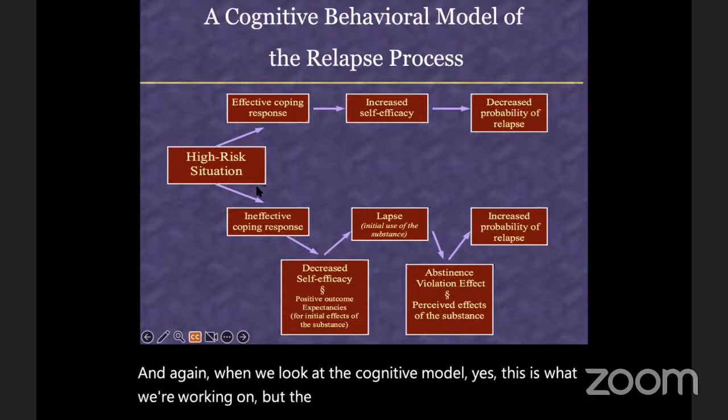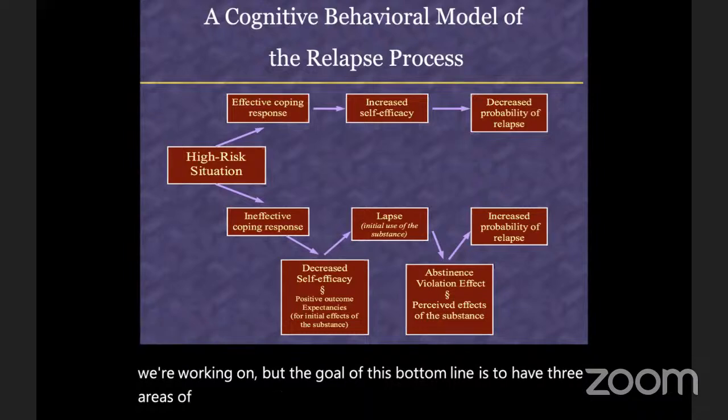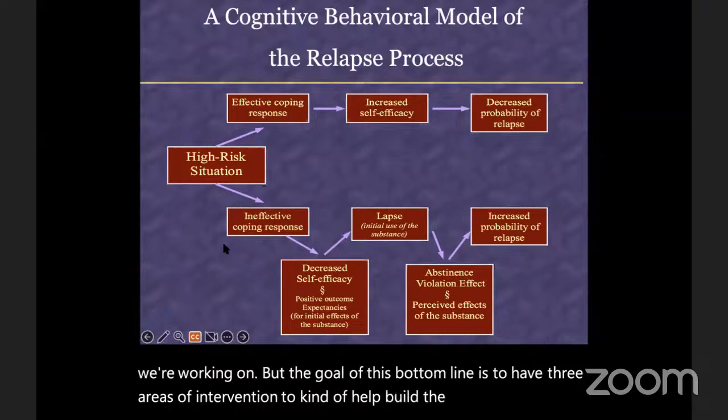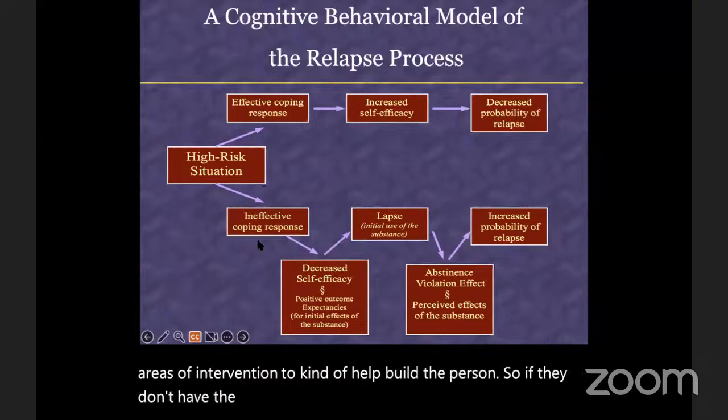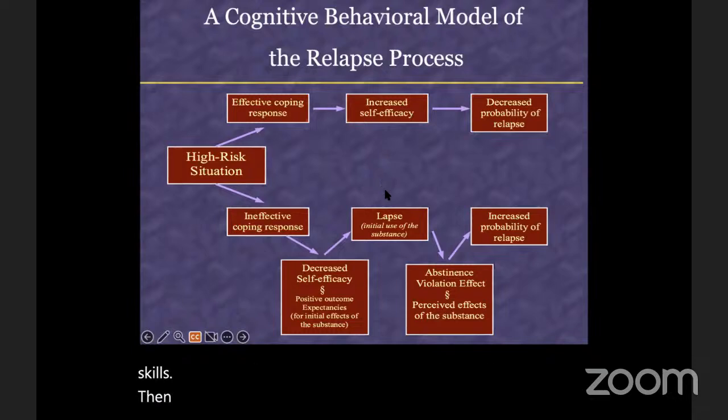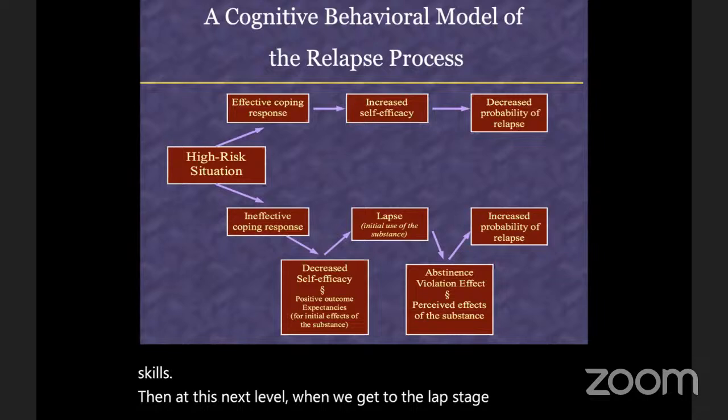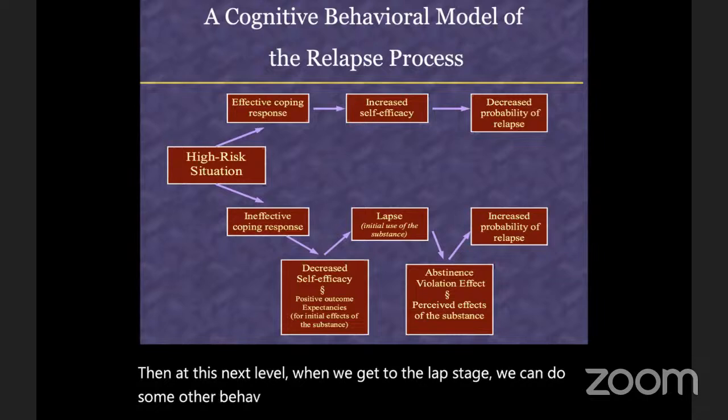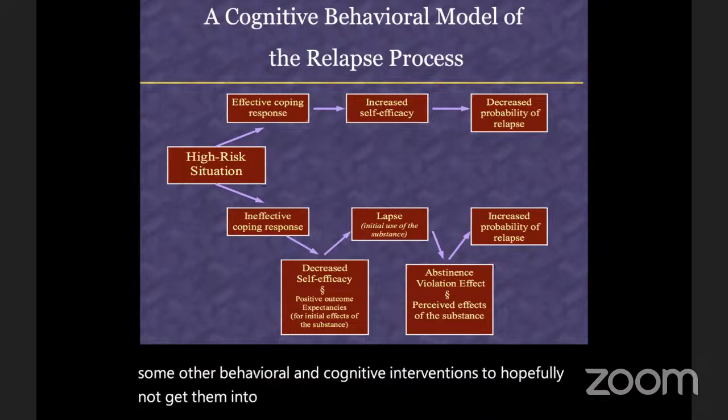But the goal is to have three areas of intervention to help build the person. If they don't have effective skills, we want to build those skills. Then at the lapse stage, we can do other behavioral and cognitive interventions to hopefully not get them into a complete relapse cycle.